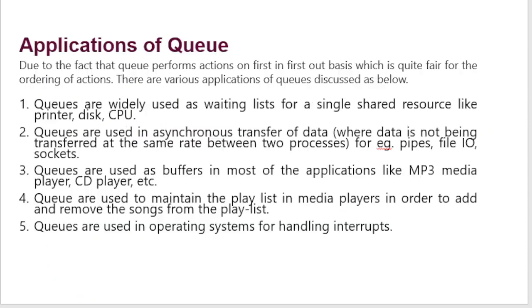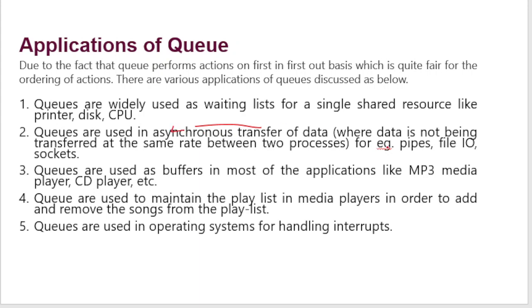Okay, applications of queue. So what are the applications? These are the given applications, so just read them out, it will be helpful if someone asks a question on that. Generally as a waiting list for a single shared resource like a printer, hard disk or CPU.